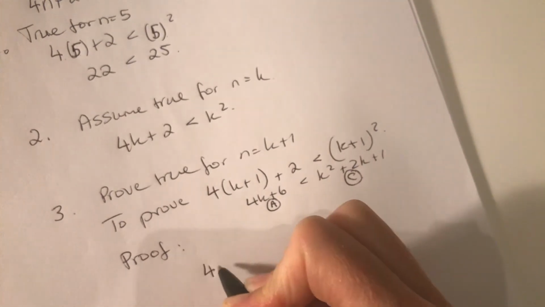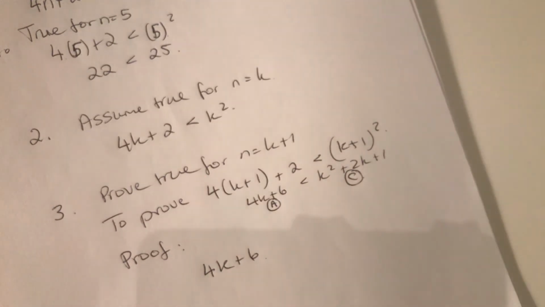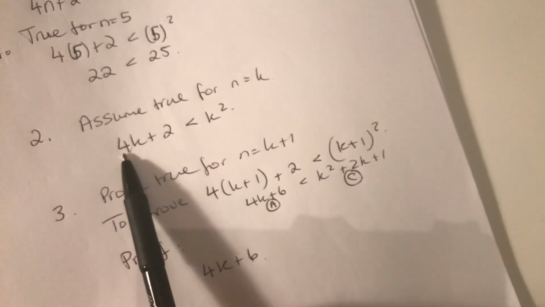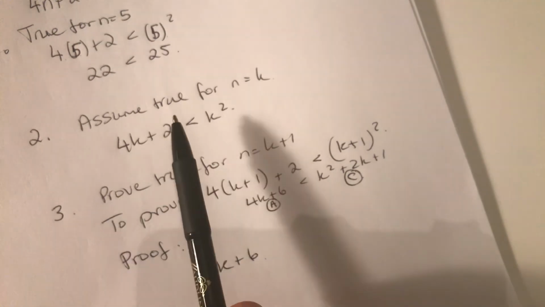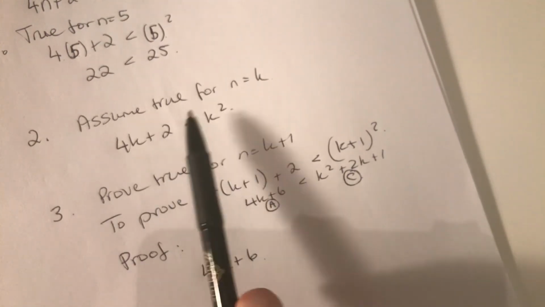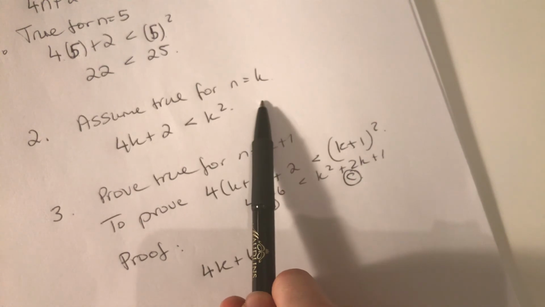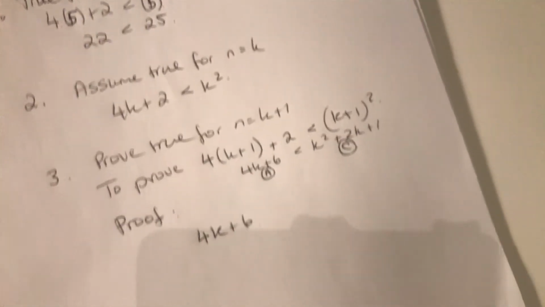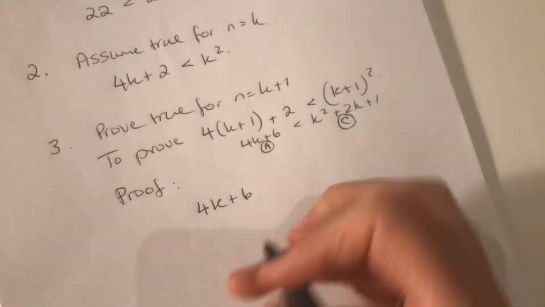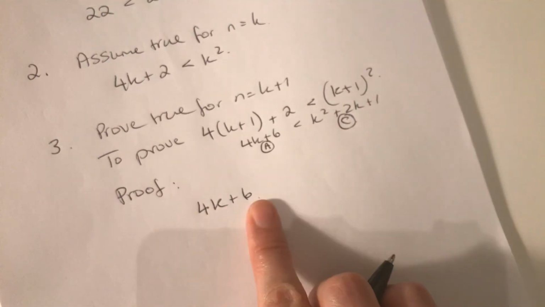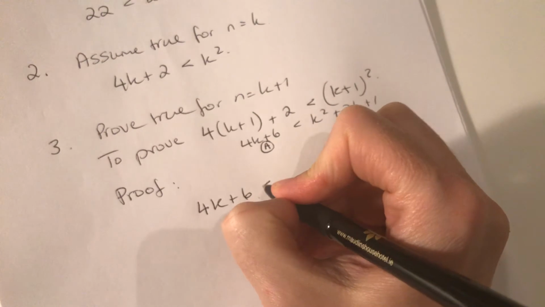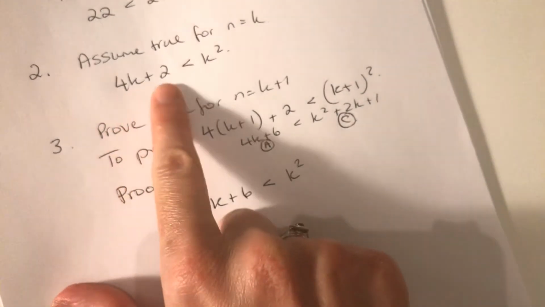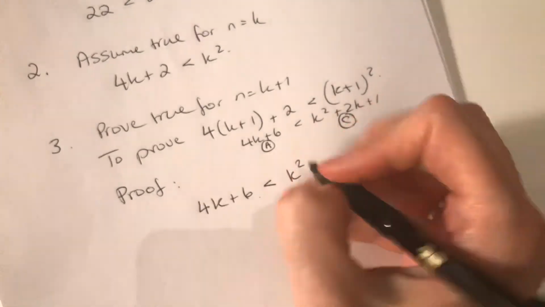So A is this. Do I have anything like that? Well, look at this. That's very close. All I did was, does this remain true if I had added 4 to both sides? Yeah, if you add the same number to both sides, the inequality remains true. So I definitely know that this is less than k squared plus 4.